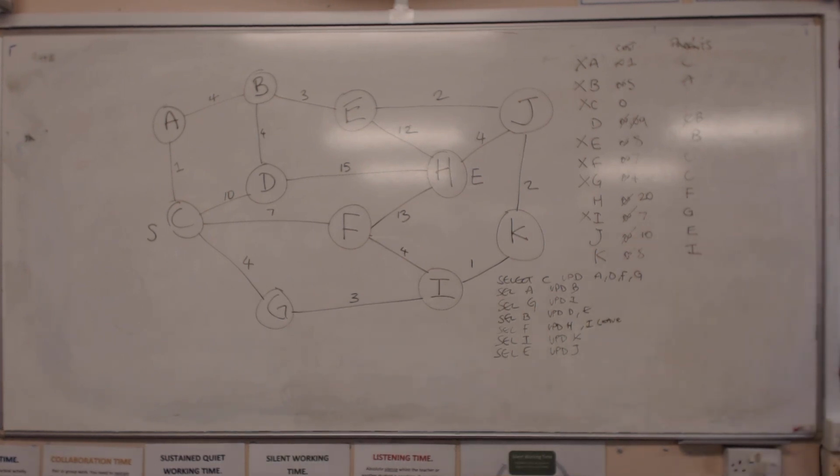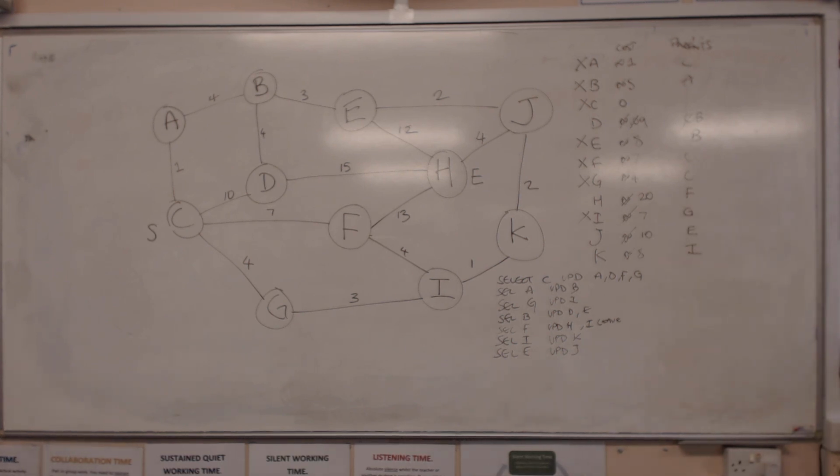Right, let's have a look at H. So it's cost me 8, a further 12, so that's 20. That is not better. Okay, so I'm not going to bother updating it. I could if I wanted to, because it's the same cost. There's another route. It does not matter. There could be more than one optimal route. Okay, and that's what the table and the graph is showing me.